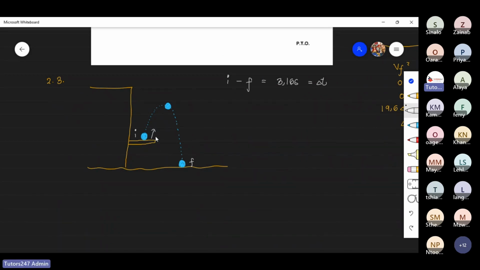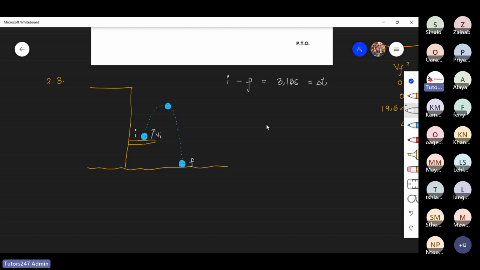We previously calculated it in question 2.2.2. So that is my initial velocity or my rebound velocity. My final velocity, I do not know what is the velocity with which the ball hits the ground. I don't know that velocity, so I'm going to leave it out.